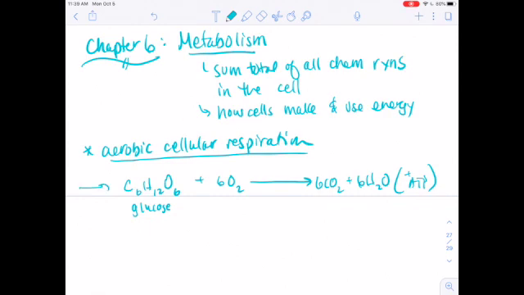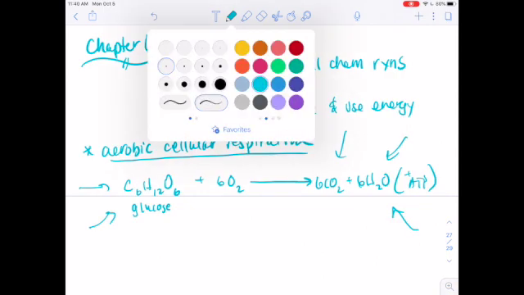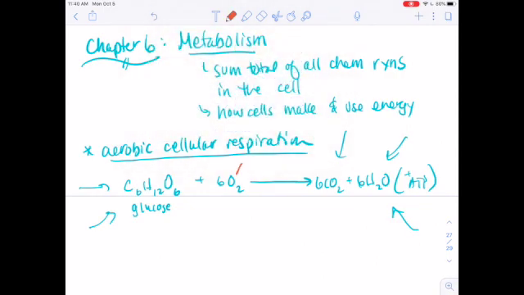This is the topic of 90% of chapter 6 for us. This was first described in E. coli. We know your cells do it, and any cells that are aerobic, that are strict aerobes, do aerobic cellular respiration. The term aerobic means with oxygen. This makes it aerobic.